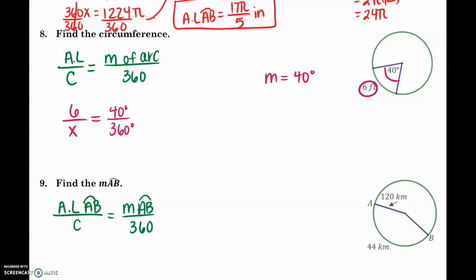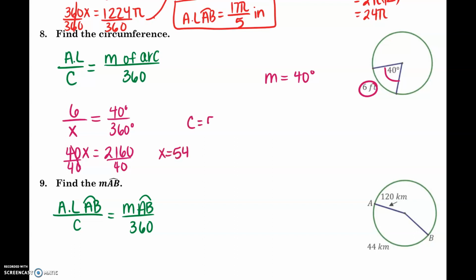So we have 40x is equal to 360 times 6, which is 2,160. And then we're just going to divide by 40 on both sides, and x will equal 54.